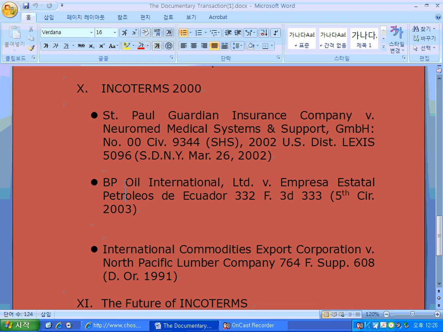This case is controlled by the CIF. And the seller would be a German company. And of course, the case involves some misfortune about default of goods.